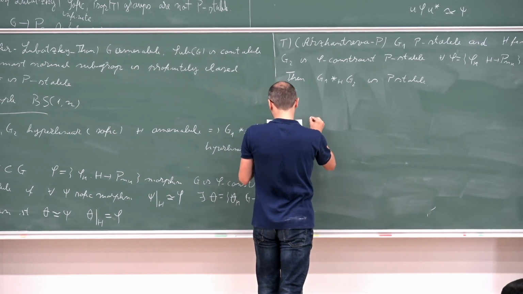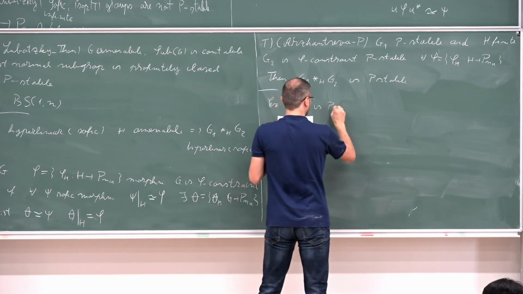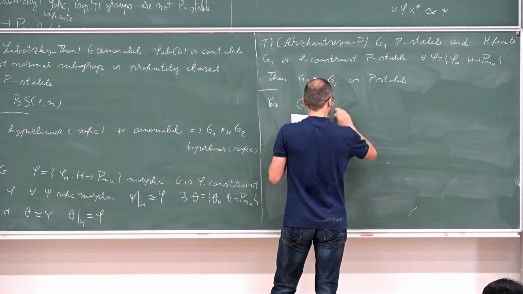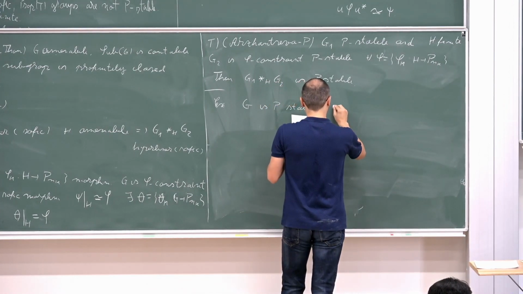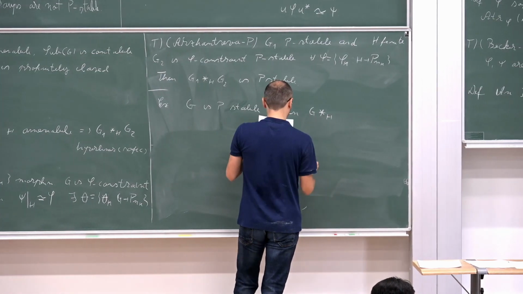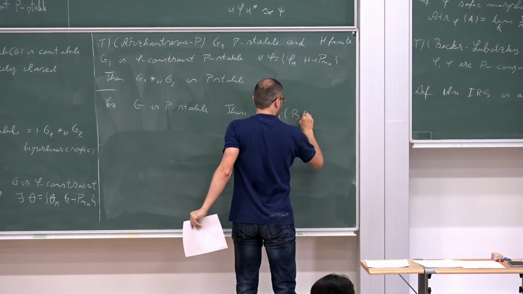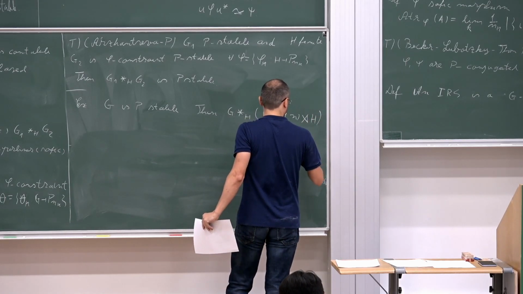So one possible example is again: G is stable. Then this type of group, G amalgamated over H with BS(1,n) cross product H, is p-stable.